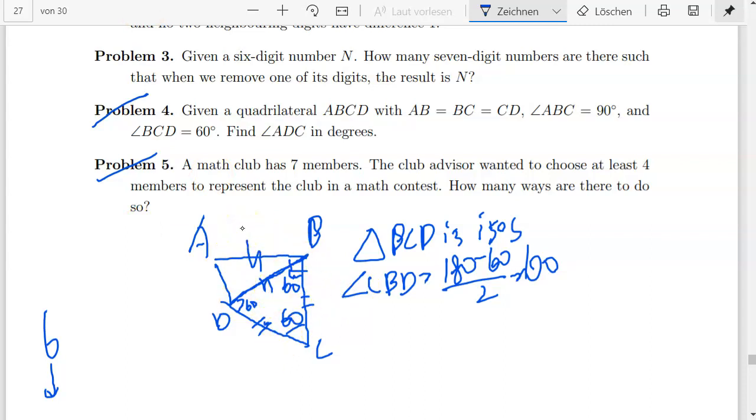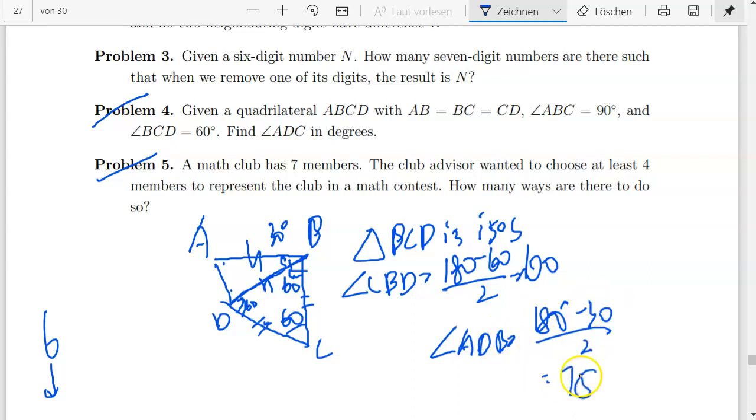So now we would like to find angle ADC in degrees. We know quite a large part of it is 60 degrees. Now we know that this is 90 minus 60 is 30, angle ABD. And then we know that this triangle ABD is also, not equilateral but isosceles, because AB is equal to BD. So these two will be of the same length. So the measure for angle ADB would be (180 minus 30) degrees divided by 2, which is equal to 75 degrees.